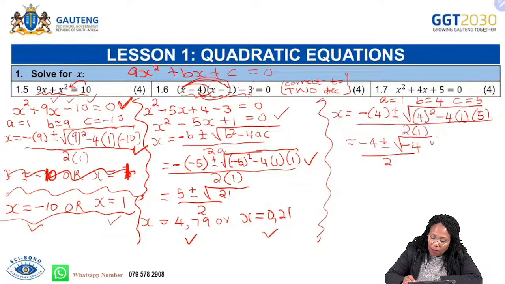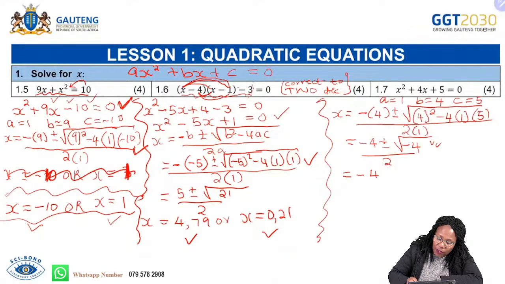Can you see the complex now? Because we are having the square root of a negative 4. Maybe now we can answer this completely by bringing in our complex numbers. Then it will be minus 4 plus minus the square root of 4 times negative 1 over 2. And then remember, this will be minus 4 plus minus square root of 4 is 2. And then we are left with square root of minus 1.